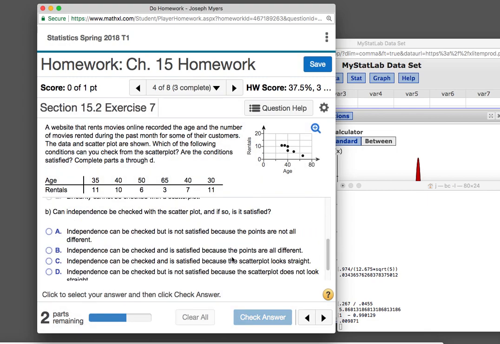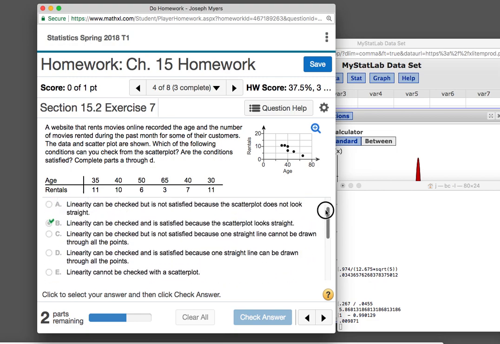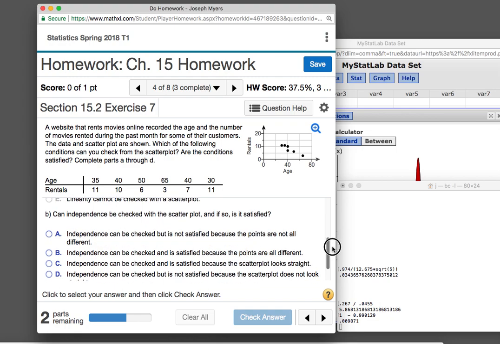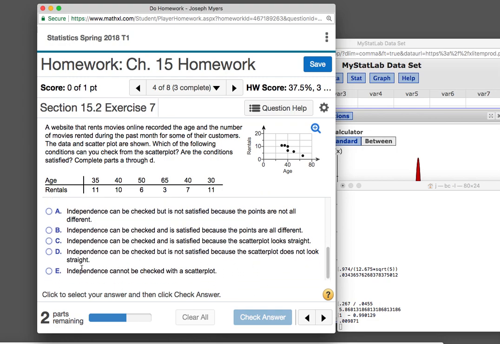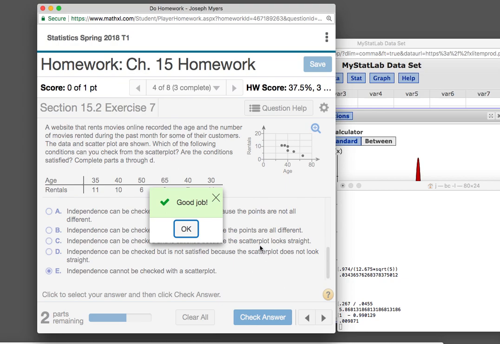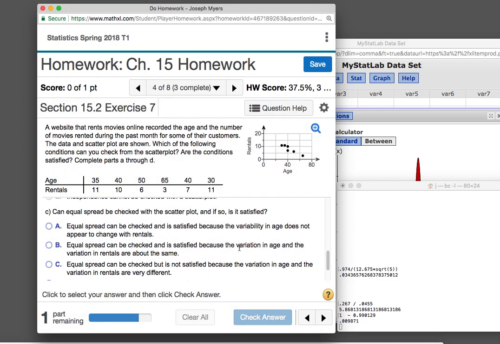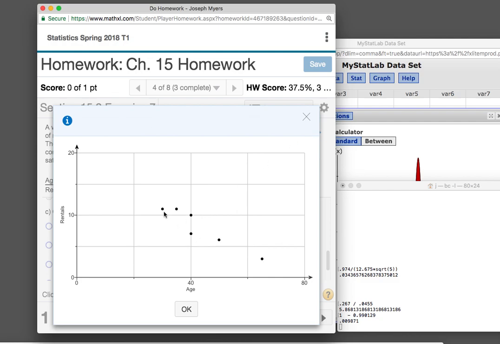Can independence be checked? Well, there's no way to know. You can't look at points and tell if they're independent or not. So equal spread means as you go along this line, do the points start to become farther apart vertically.